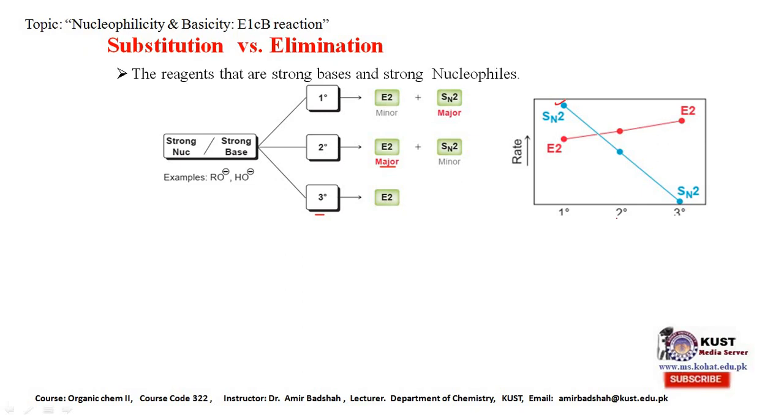If the substrate is secondary, it is the same case, both SN2 and E2 are possible, but E2 will be higher compared to SN2. And similarly, if the substrate is tertiary, SN2 is not possible here, and E2 will be possible at a very high rate.